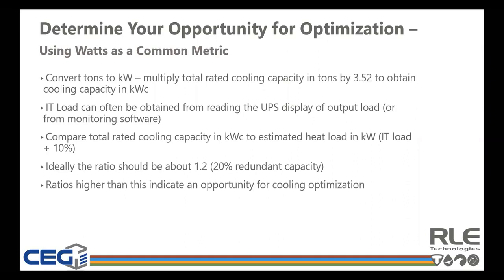But once you've got those two pieces, you can make some quick high-level determinations when you're comparing your total kilowatts of cooling against what you feel is your IT load in kilowatts. Ideally, that ratio should be about 1.2, giving some level of cooling redundancy, and any ratio higher than that will indicate an opportunity for optimization.